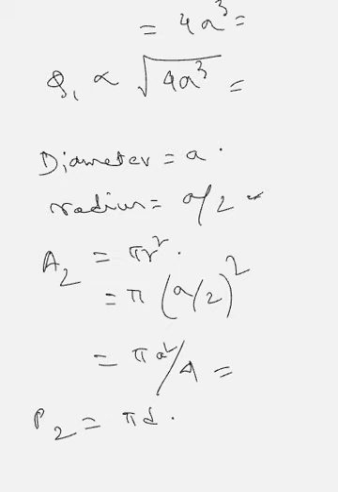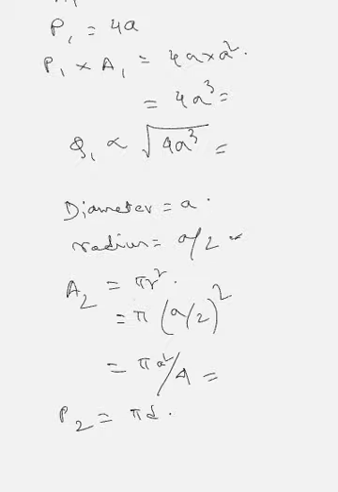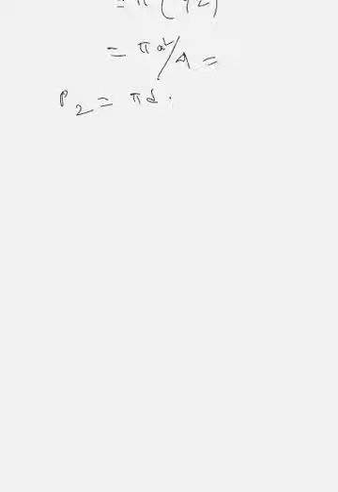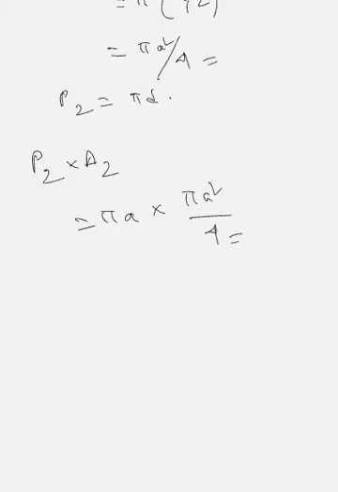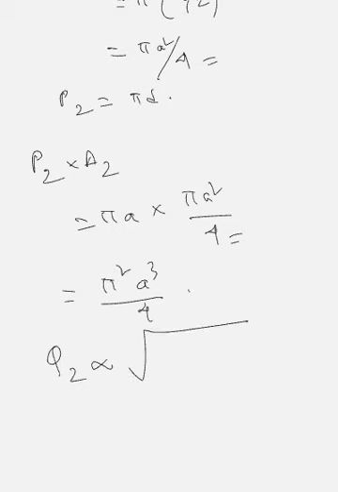Now multiply. So we get P2 into A2 is equal to pi a into pi a square by 4, which is equal to pi square a cube by 4. So we can say Q2 is proportional to root over of pi square a cube by 4.